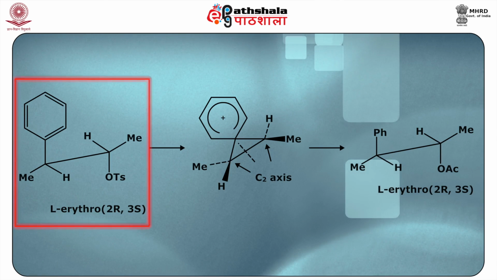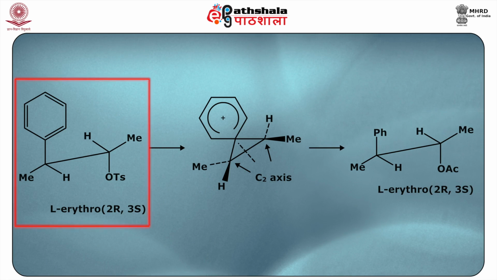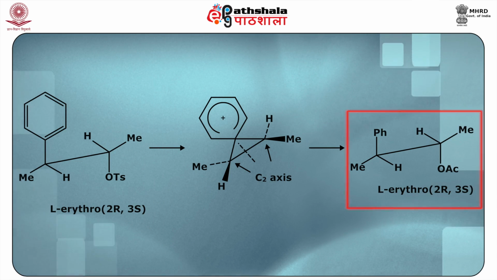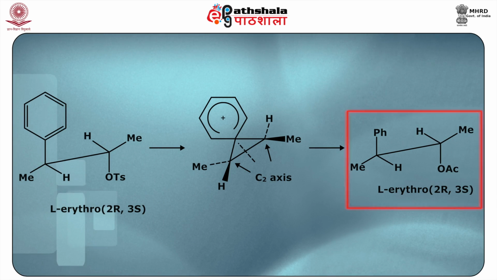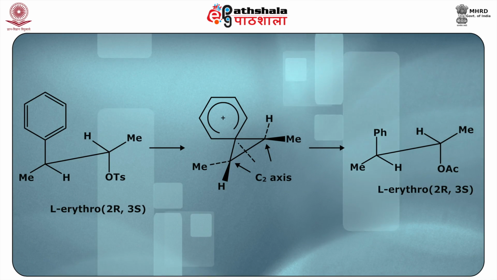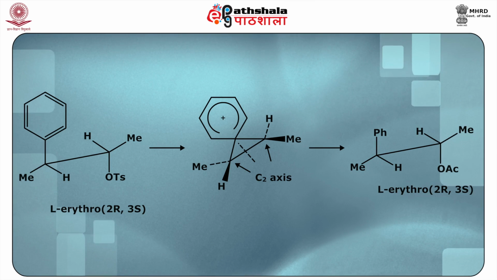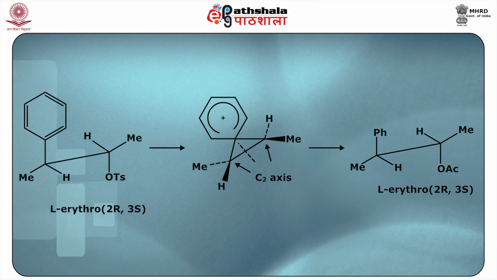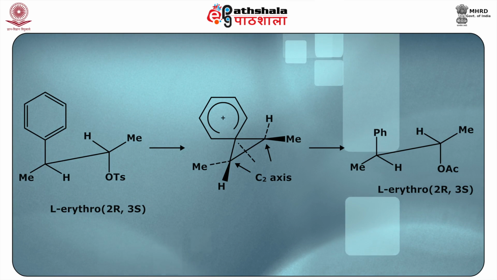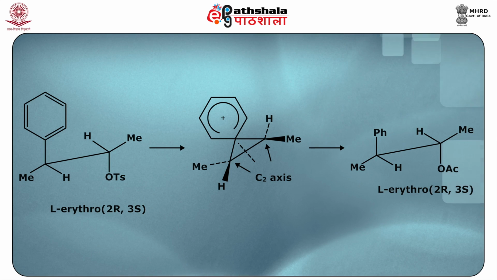Whereas the erythro isomer, that is 2R,3S, on similar treatment gives only the erythro acetate, as shown in this figure. So you can see the phenyl ring is also participating in neighboring group participation and enhancing the departure of the tosylate ion, thereby increasing the rate of the reaction and also affecting the final outcome of the reaction.